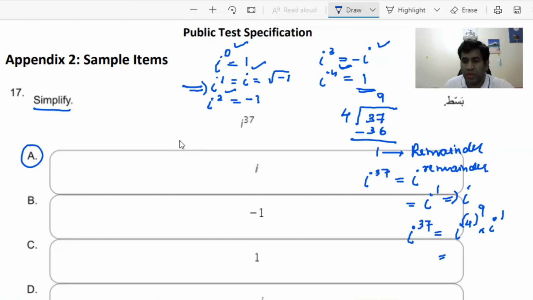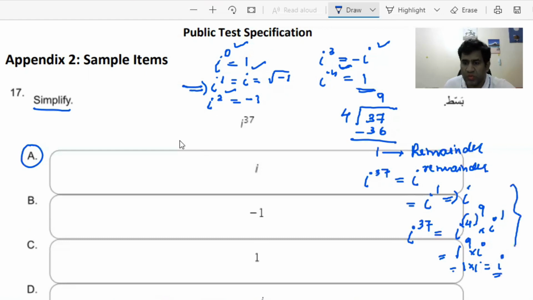I to the power 4 to its power 9 makes I to the power 36, times I to the power 1, which together gives I to the power 37. We know that I to the power 4 is 1, so it's going to be 1 to the power 9 times I. Any number to the power 1 is the number itself. 1 times I gives you I, right?